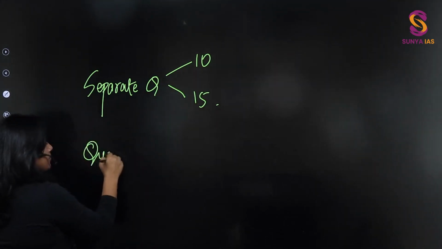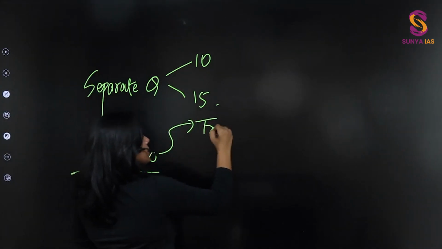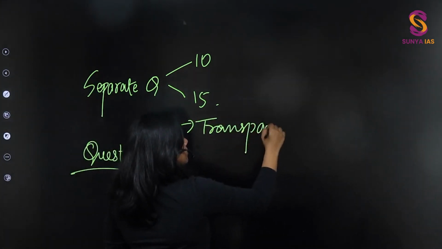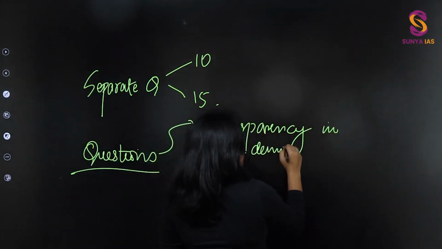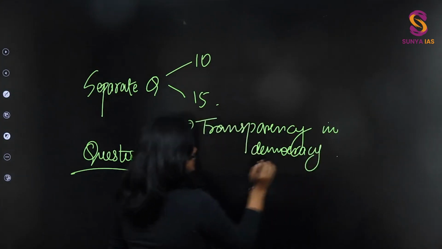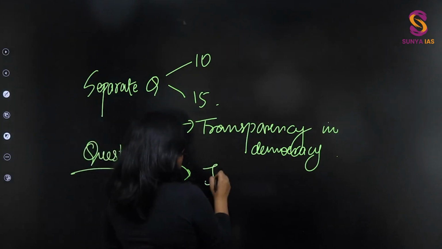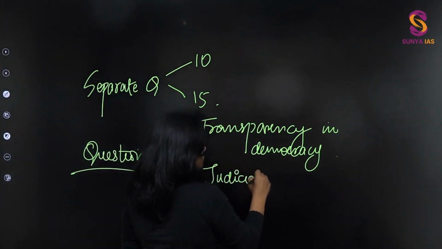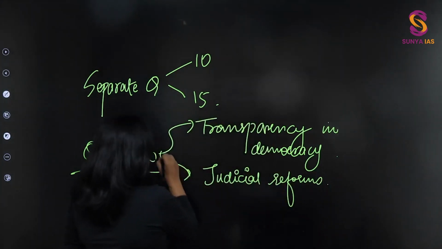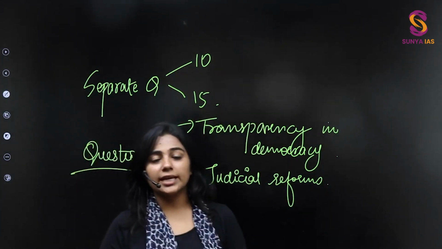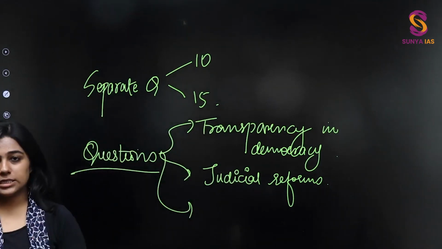In questions related to transparency in democracy. Then in questions related to judicial reforms. This is one of the reforms, that we need to minimize sealed cover jurisprudence, and here you can write according to the Modern Dental College case.